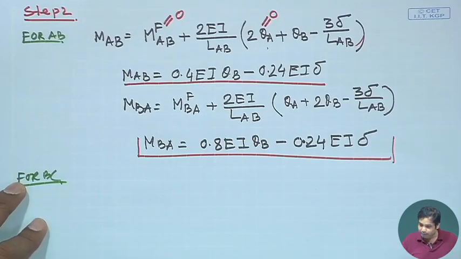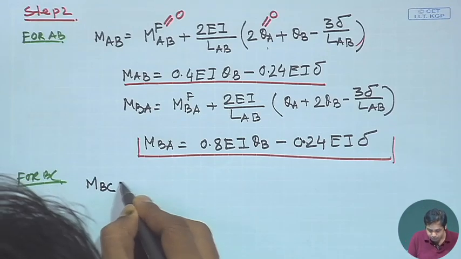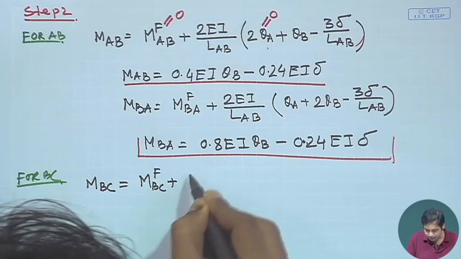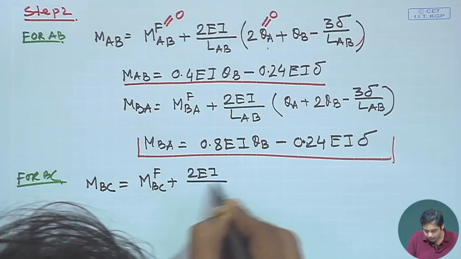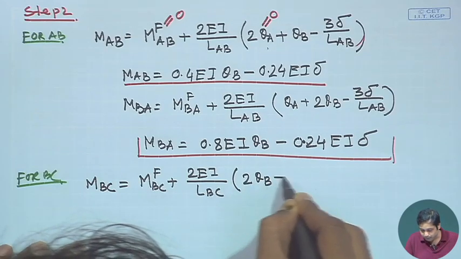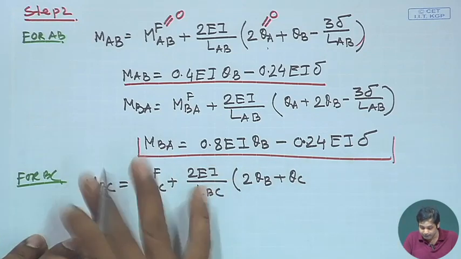So, for member BC the slope deflection equation will be MBC fixed end moment plus 2 EI by LBC into 2 theta B plus theta C. There is no delta in this case.